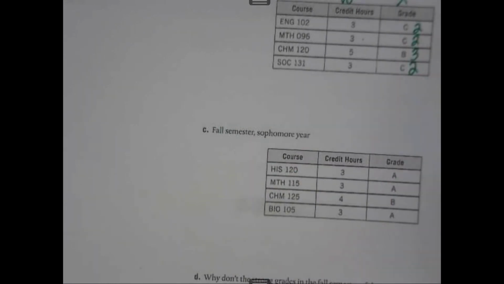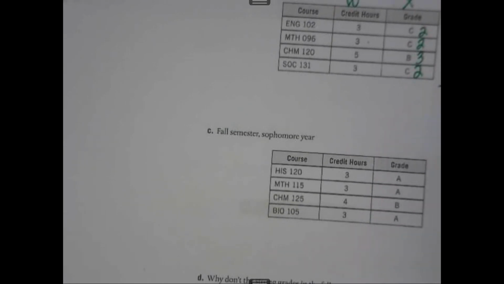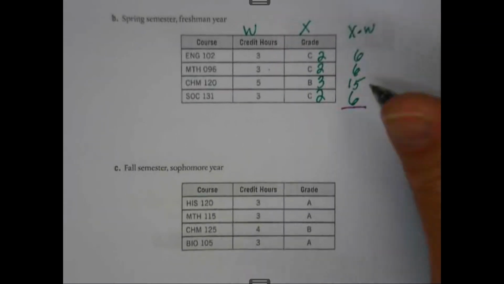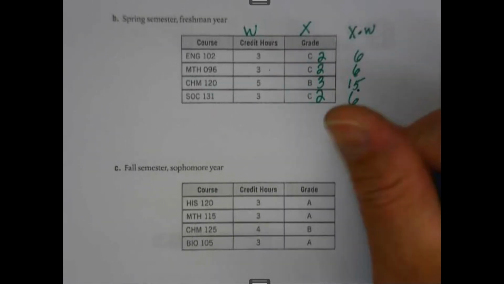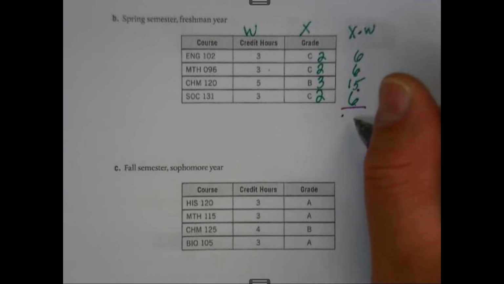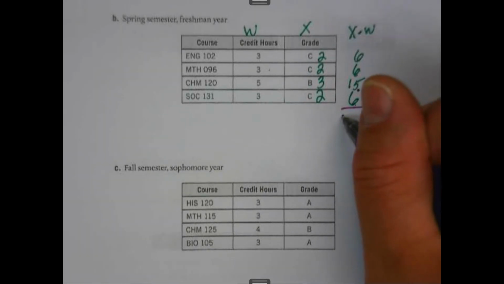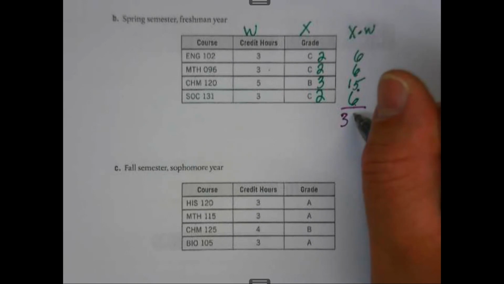I need my totals. 6 plus 6 is 12, plus 15 is 27, plus 6 is 33.